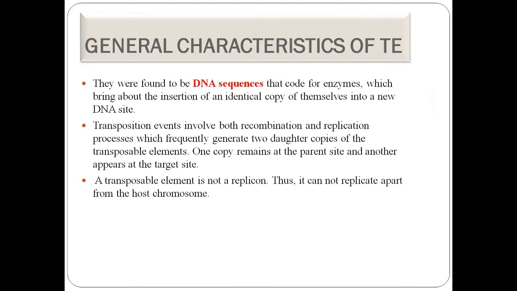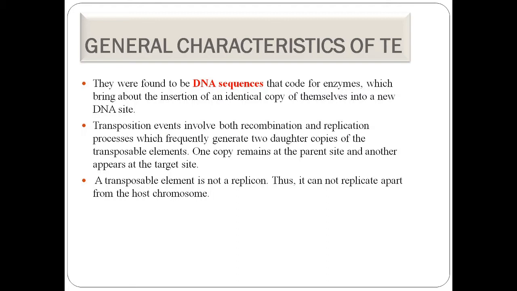Now we are going to see some of the general characteristics of transposable elements. They are DNA sequences. As I have already told you, transposable elements are DNA sequences which can change their position inside the genome. So they are known as mobile DNA, selfish DNA, and also as jumping genes because they are jumping here and there.